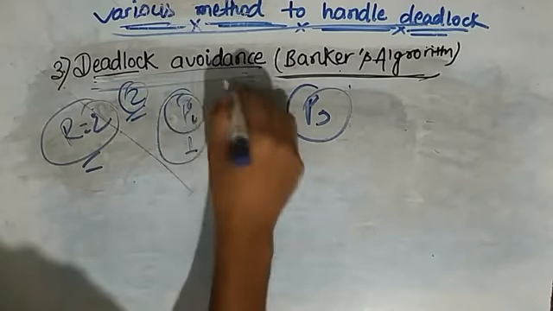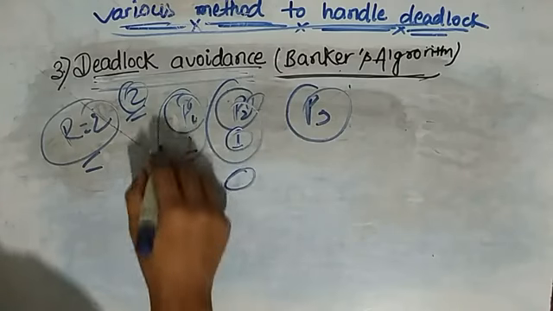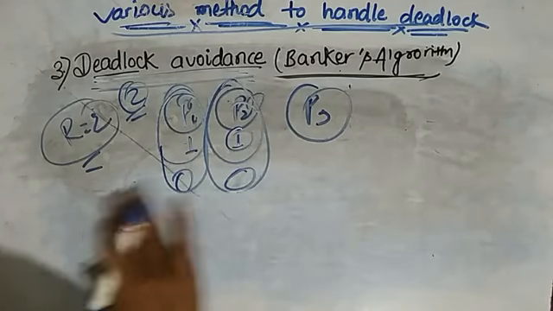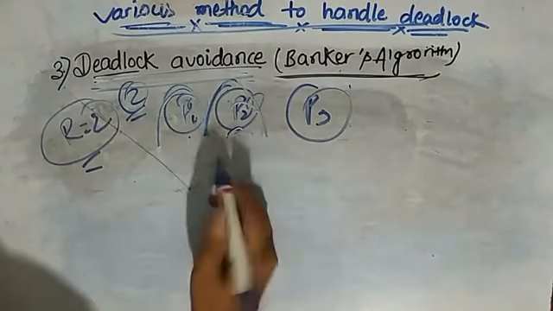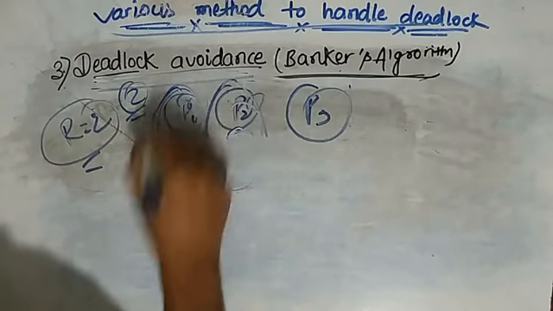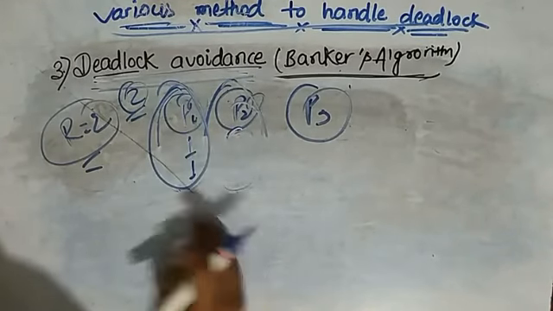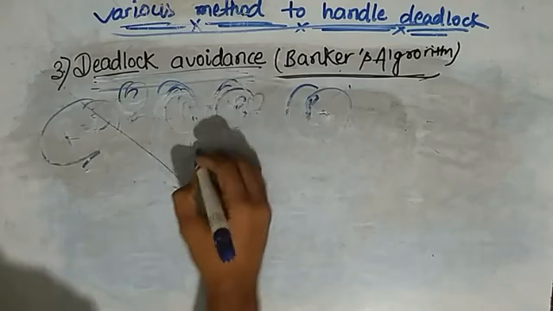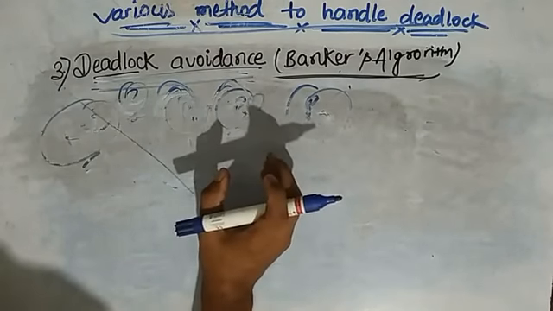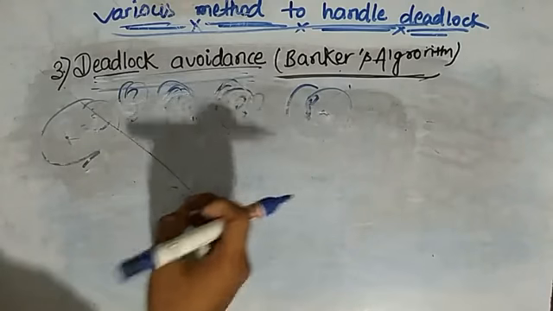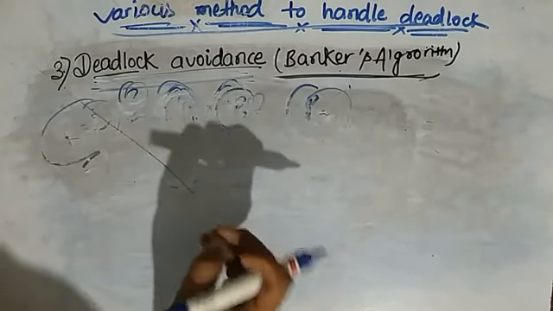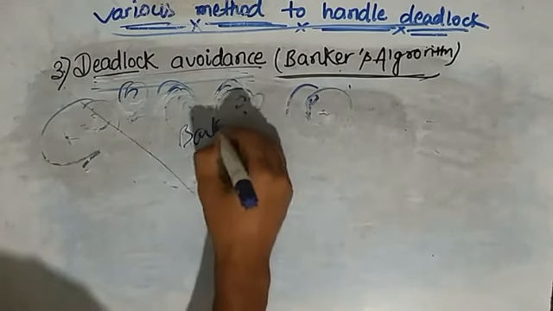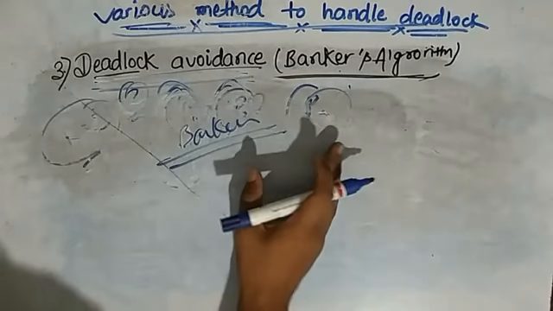We find that both of them still need 1 more resource to complete their execution, so we avoid this case. Instead, we provide both resources to one process. This is our deadlock avoidance. For every resource request, we check whether deadlock will occur or not. We will understand it in detail in Banker's algorithm, which we will solve in the next video.